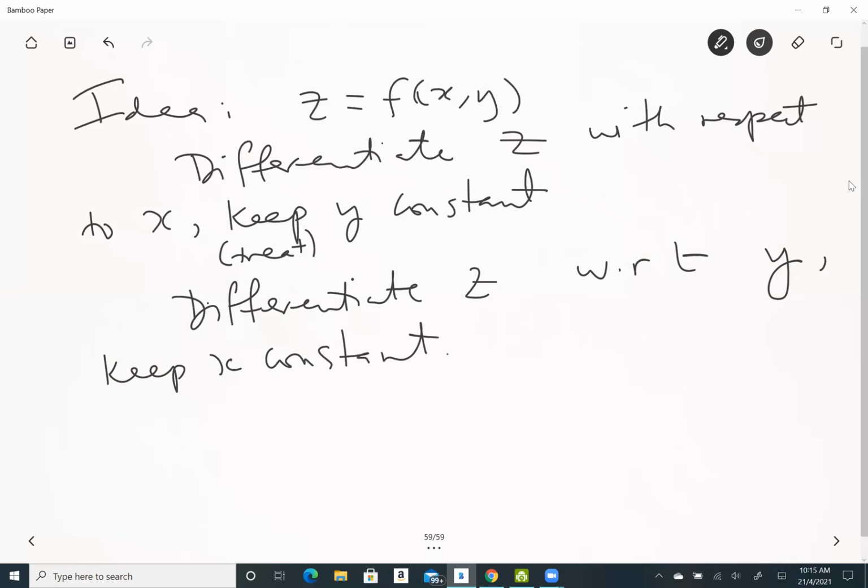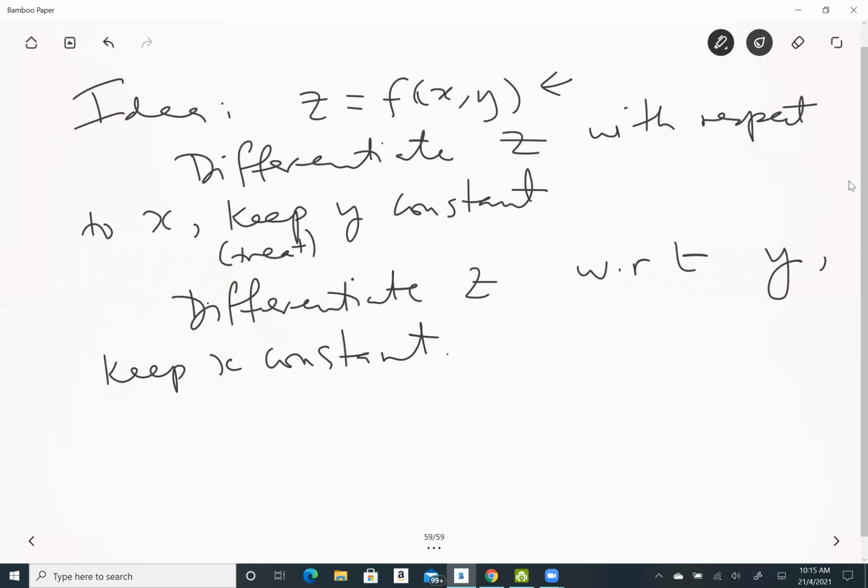When you take the derivative of a function with respect to one independent variable, all other independent variables we keep constant, regardless of how many independent variables there are. Here we only consider two. You take the derivative of z with respect to x, y is constant. You take the derivative of z with respect to y, x will be constant.